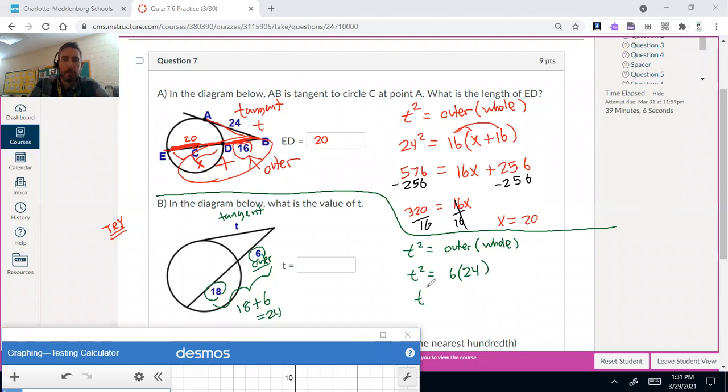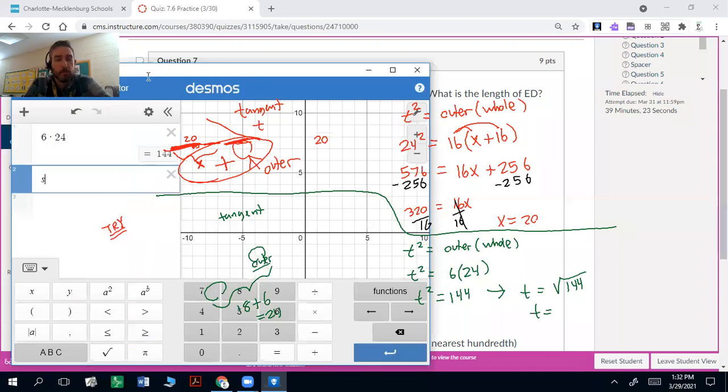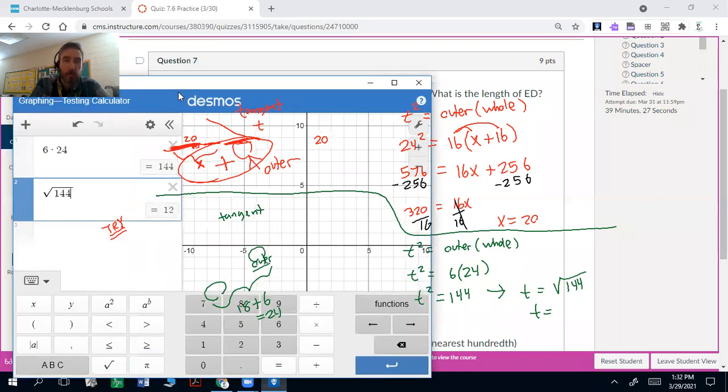So T squared is equal to 144. Now, how do I solve a square? Well, we square root. So T is going to be the square root of 144. You should know what that is, but take a minute to calculate that if you don't. And that's going to give you a nice even 12. So 12 squared is 144.